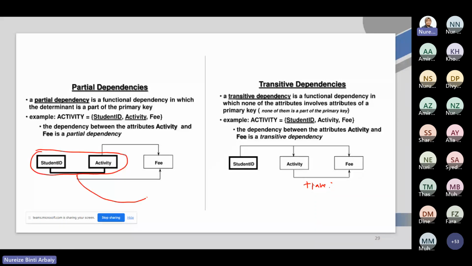So one of it is clearly a primary key. So that's why it is a part of the primary key or a subset of the primary key. So this is a primary key, this is not, but these two now are used together to identify this fee. So this is a partial dependency.